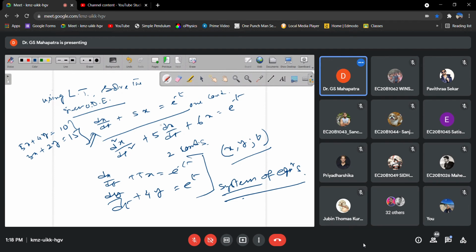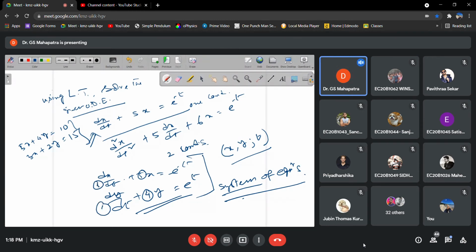Good. So two variables only. But what about this one? That is a system of linear differential equations. And just for this case, all the coefficients are constant. Nothing is there, so it is 1.